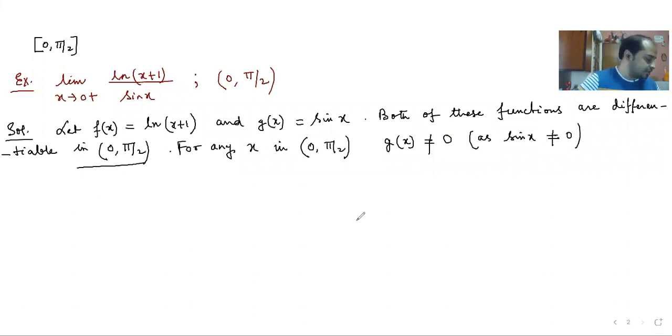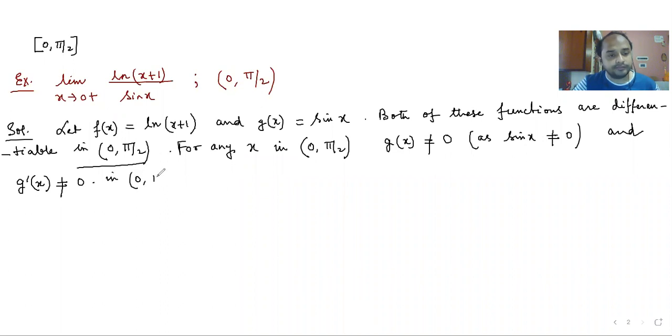Okay, g(x) is not equal to 0 and sin x is not equal to 0, and consequently g'(x) is also not equal to 0 in (0, π/2).